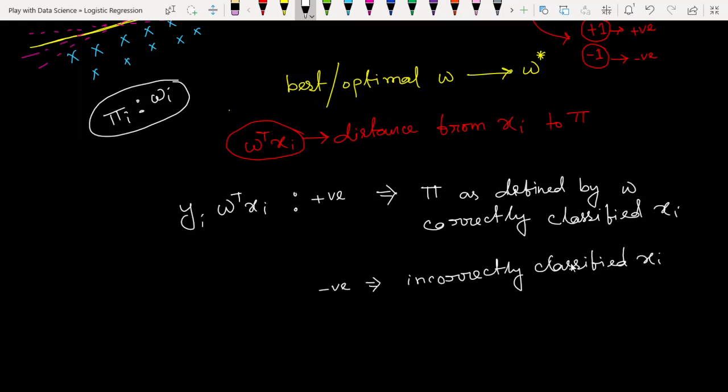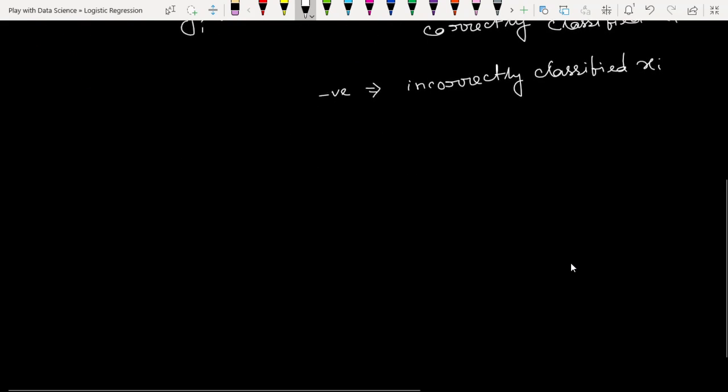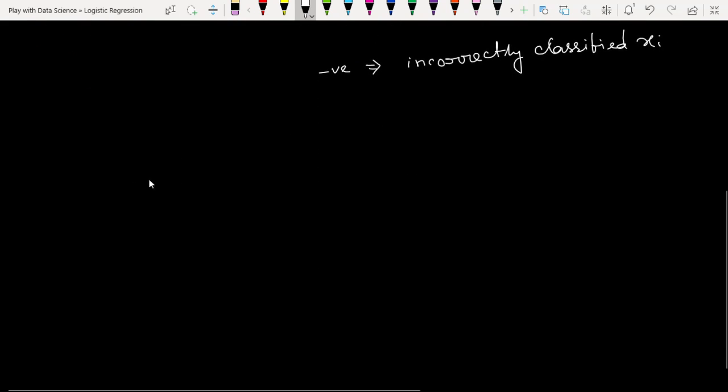Now let's look at the motivation of this lecture. Let's take an example and draw a picture.